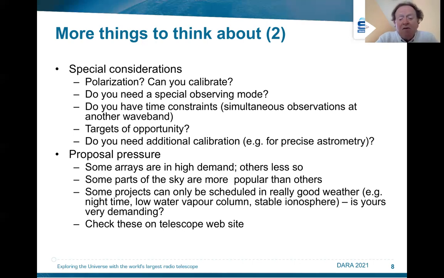Conversely, for low frequency observations, you need stable ionosphere, which is almost always at night time. And some of the projects might be very demanding. That means that they're harder to schedule, and it's sometimes worth thinking about whether this is actually what you really want and whether you should move to a lower or higher frequency in order to make the observation easier to do.